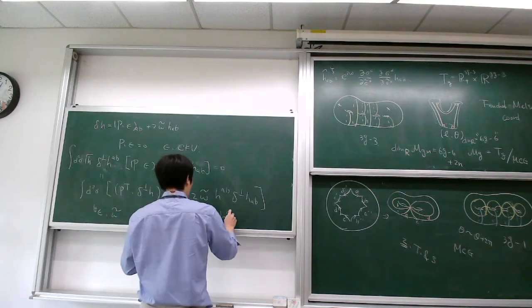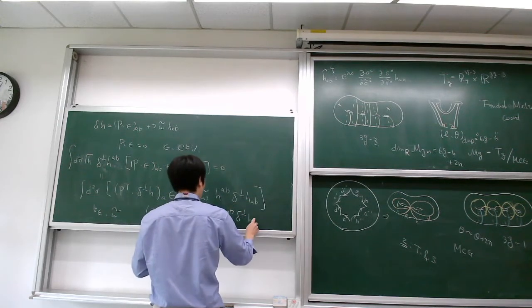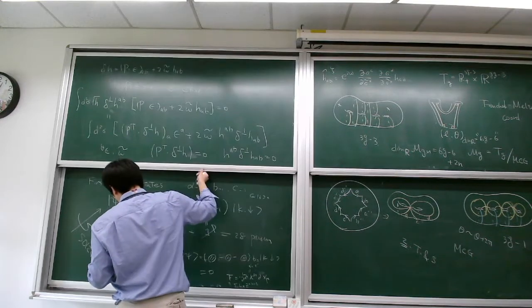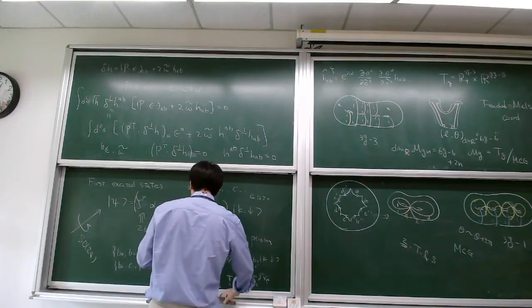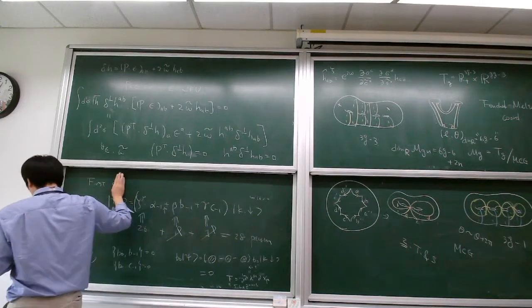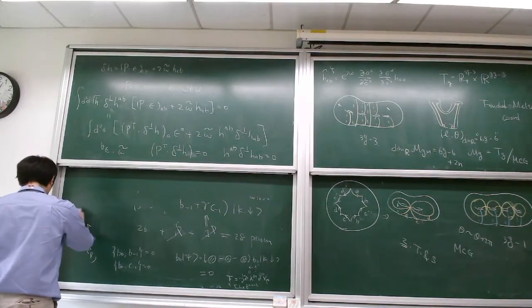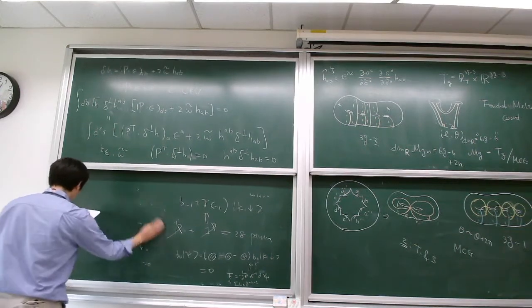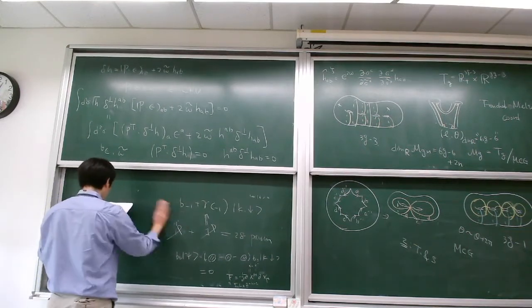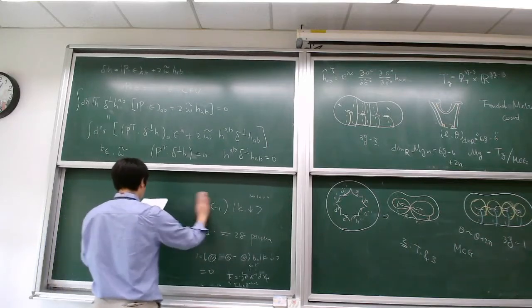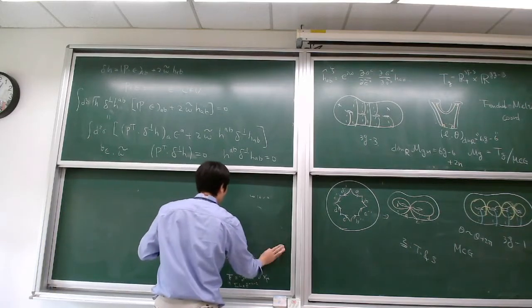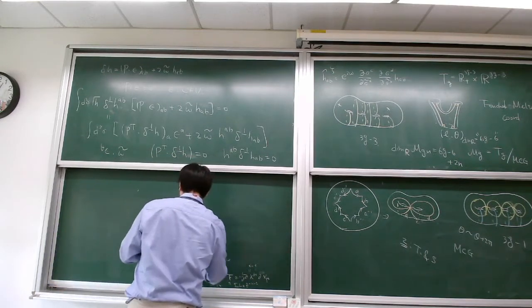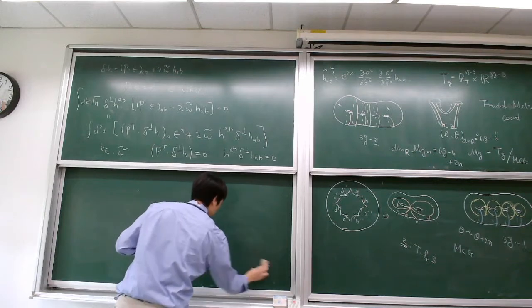And then h_AB and delta T h_AB equals 0. And taking... so plug the explicit expression into this T, what you end up with.